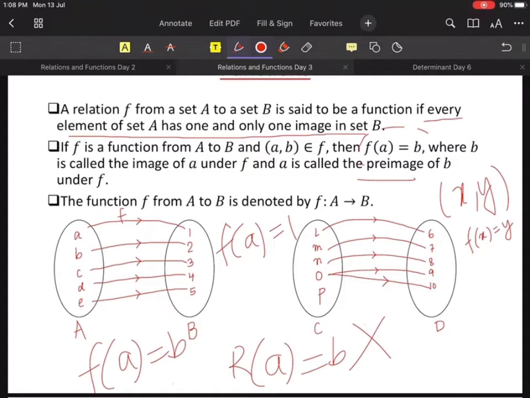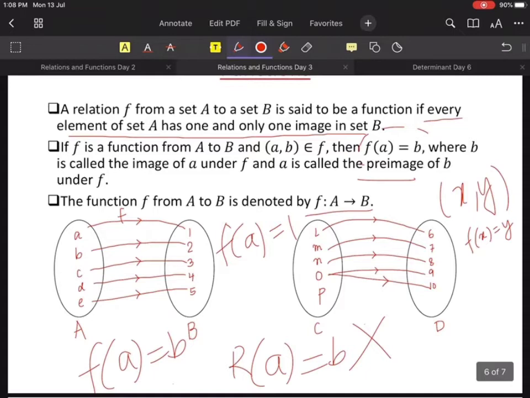A is called the pre-image of b under f. Am I clear? Image, pre-image.